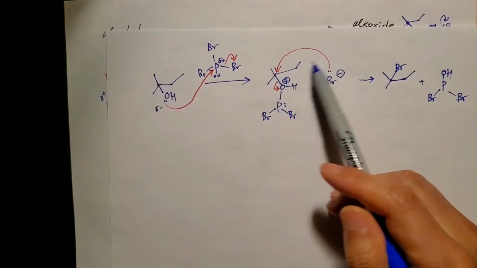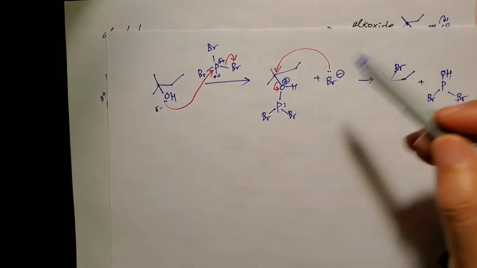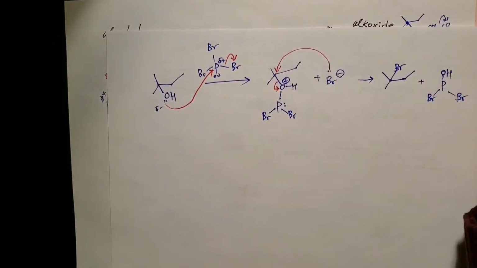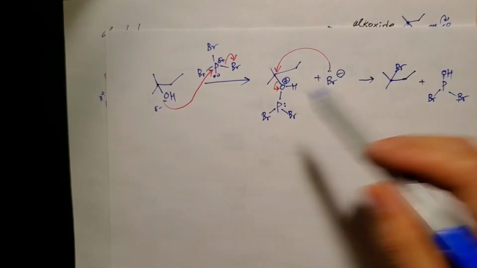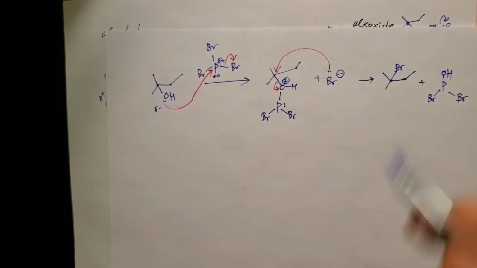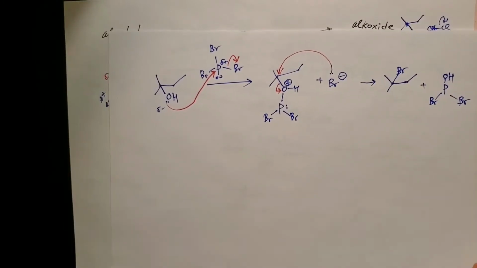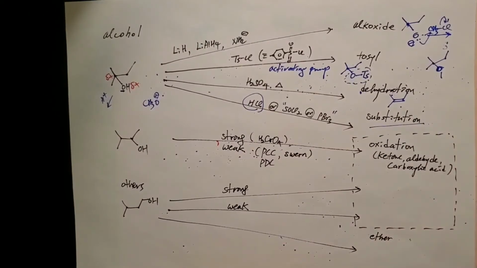Then you form this intermediate with a positive on the oxygen, a very acidic and good leaving group. So the bromide is able to do a backside attack just like SN2. So there is no rearrangement, and you're going to have a replacement, and the product is formed there with the substitution.